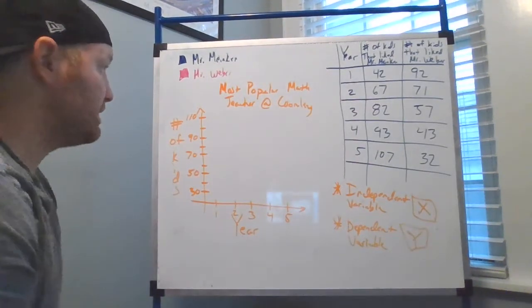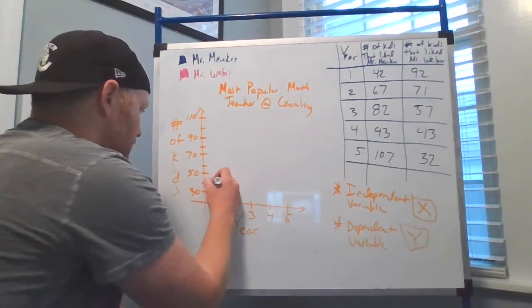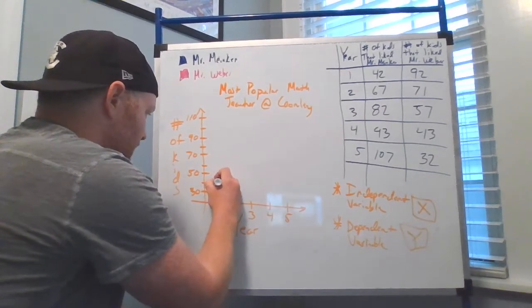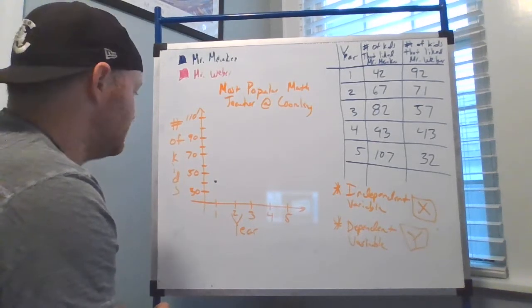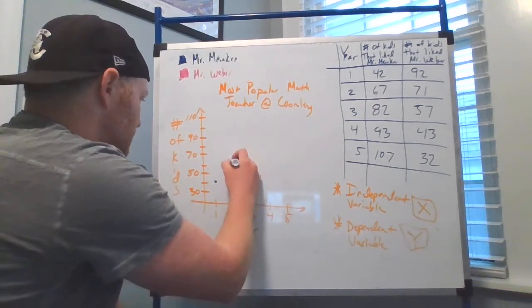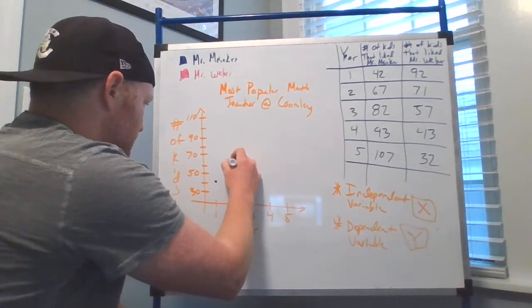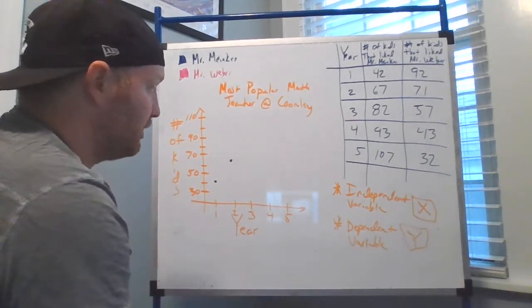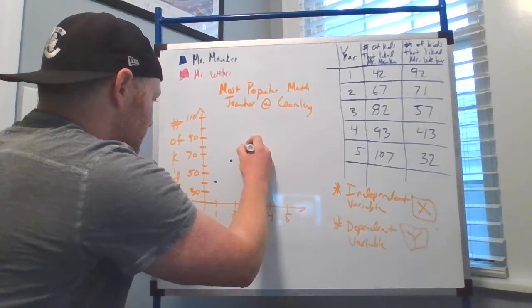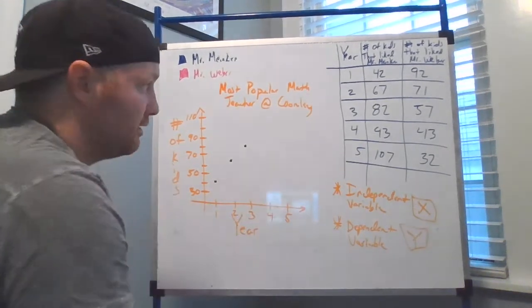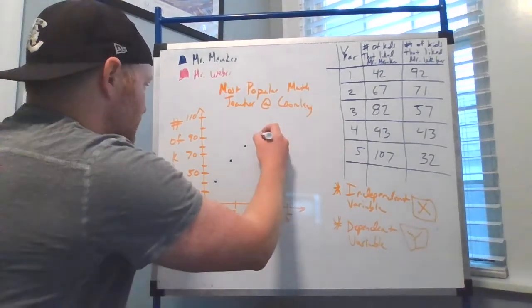So Mr. Mikan's at year 1, 42, right above the 40 mark, right about there. Year 2, 67, so right about there, give or take. Year 3, 82, just above the 80 mark, right about there, give or take. 4, 93.